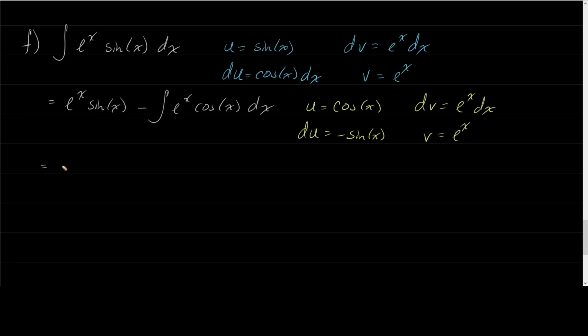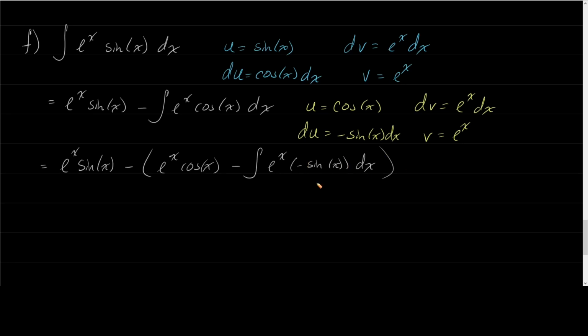So applying that, what do we get? So this first part remains unchanged. E to the x times sine of x minus. Now this integral becomes uv, so e to the x cosine x, minus integral of v du, so that's e to the x, oh, I missed the dx there. Look at that. Dx. All right, cool. So negative sine of x dx.